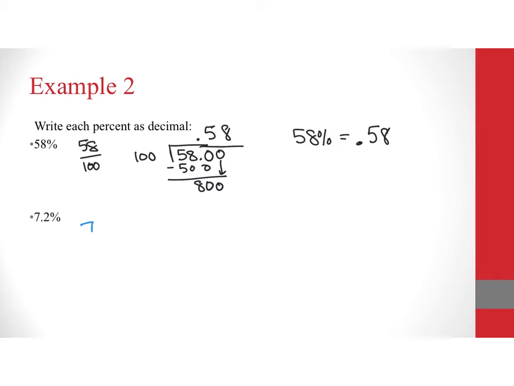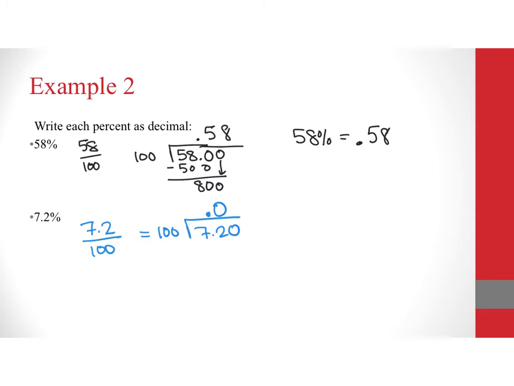7.2%. So I'm going to go 7.2, and we're going to divide this by 100. So again, I have 7.2, and we're going to put 100 out here. When I look at this, 100 will not go into 7. So I'm going to bring the decimal place that we already have up here. And when I look at my 2, 100 will not go into 7.2, so this is going to become a 0.